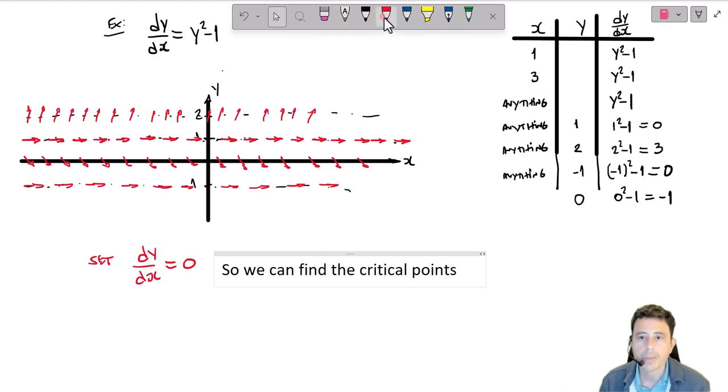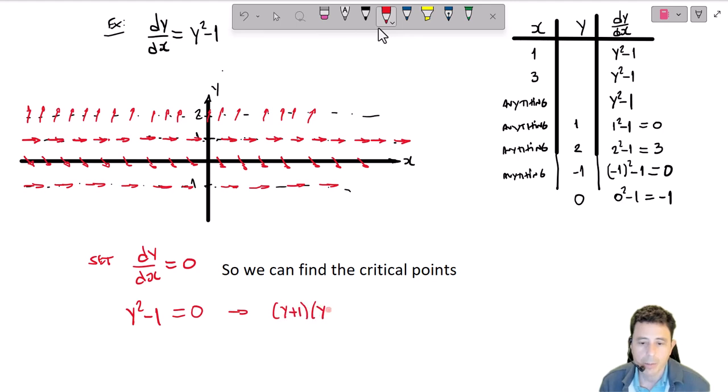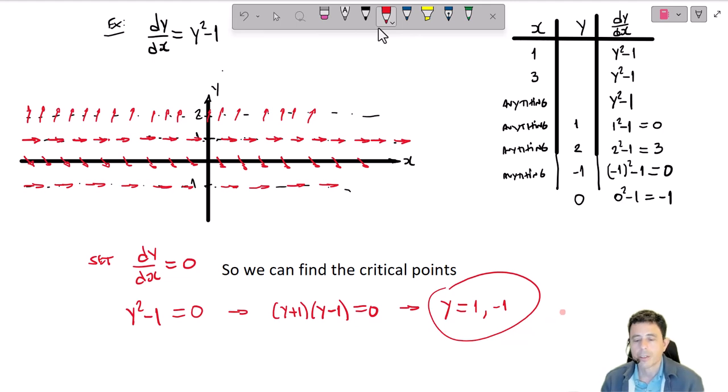Okay, so the derivative is y squared minus 1, right, according to the ODE. So if we set this equal to 0, this means that y plus 1, y minus 1 equals 0. So those are the two solutions. So those are the two critical points. So that means we only have these two places.